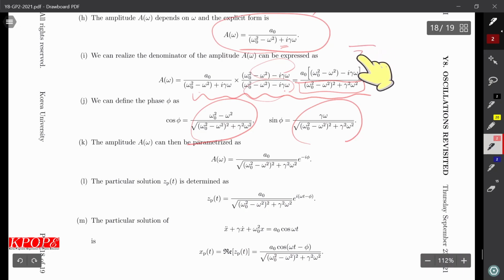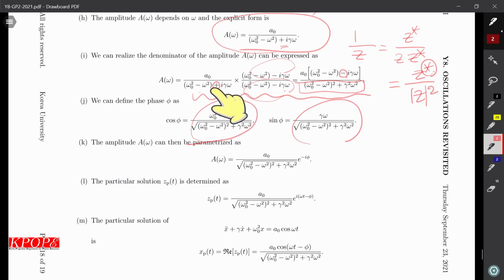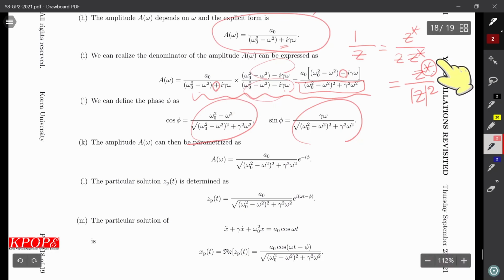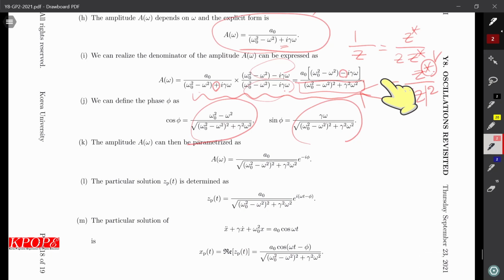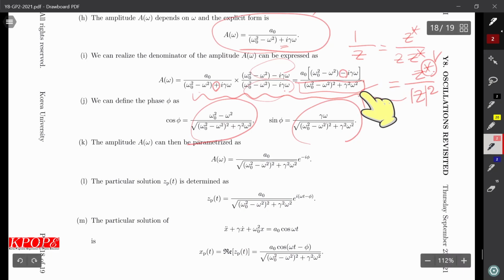If we have a complex number 1 over z, then it can always be expressed as z star over the absolute value of z squared. So this negative sign in comparison is always a positive sign in the denominator. The denominator does not have i anymore, so we say it is realized. It used to be a complex number, it became a real number, so it is realized.